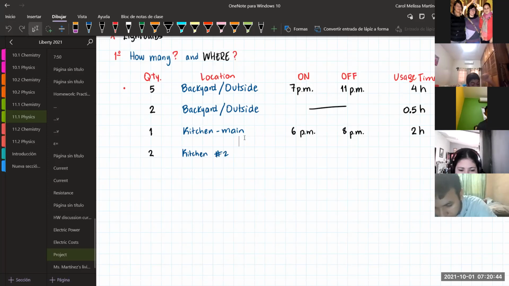Now, I don't use the second kitchen every day. I use it once or twice a week. But when I use it, actually, that's my mom who uses it. It is on all night.